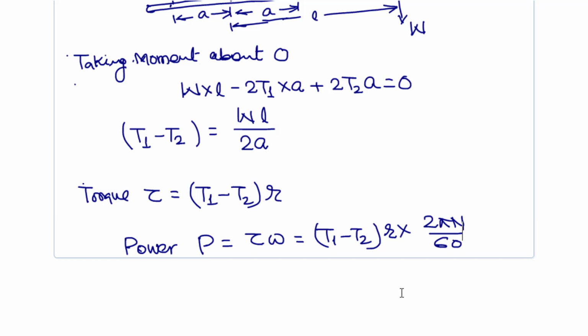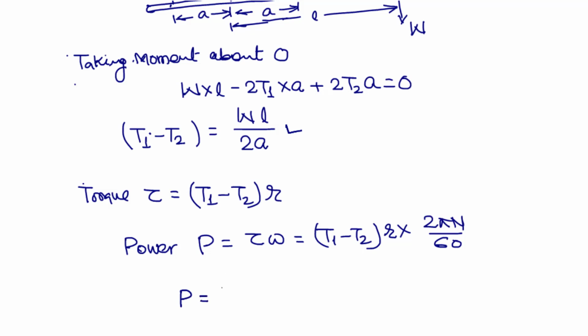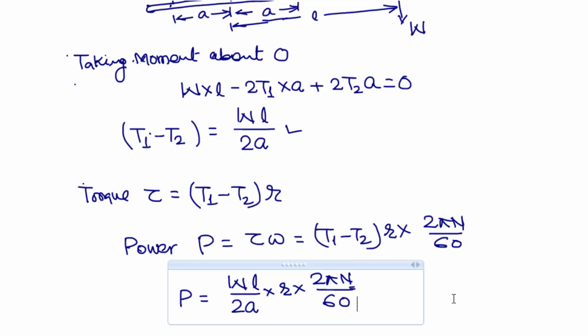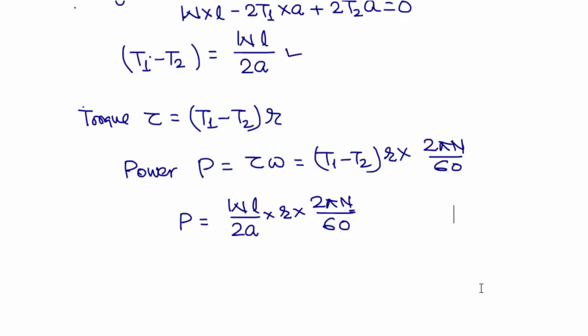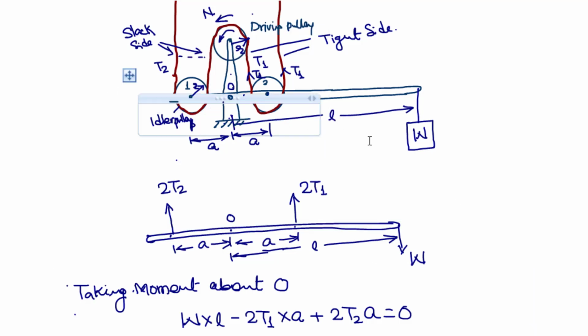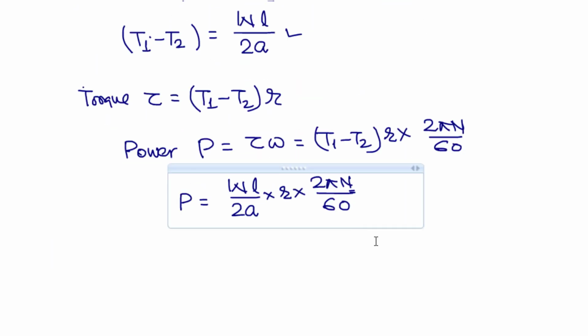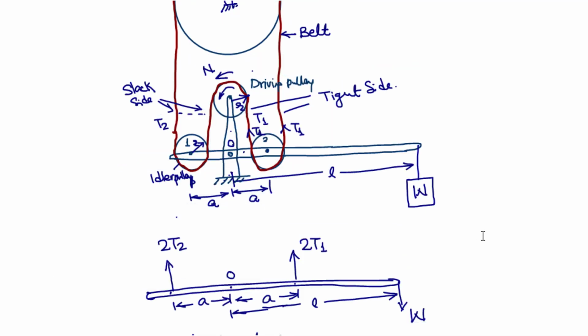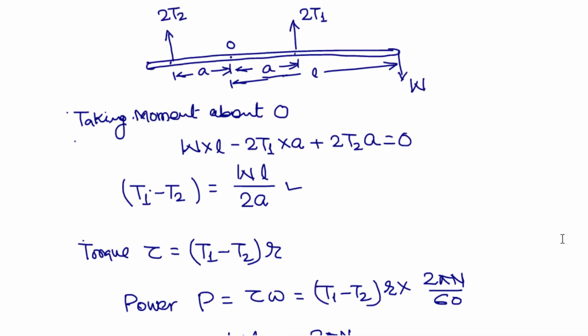Now T1 minus T2 is equal to W into L upon 2A, then power equals W into L upon 2A into R into 2 pi N by 60, where N is the speed of the driving pulley, R is the radius of the driving pulley, W is the weight to balance the lever in horizontal position, and A is the distance from the pivot to the center of the idler pulley. So this is the belt transmission dynamometer.